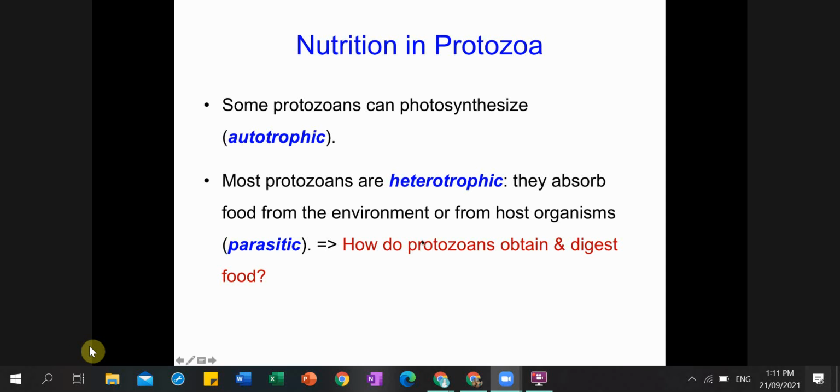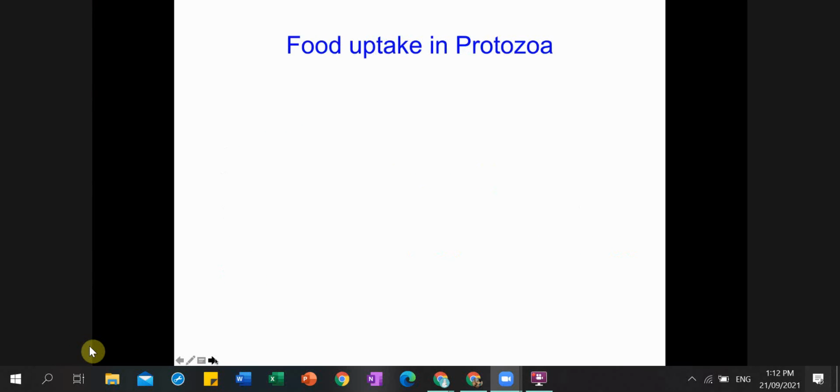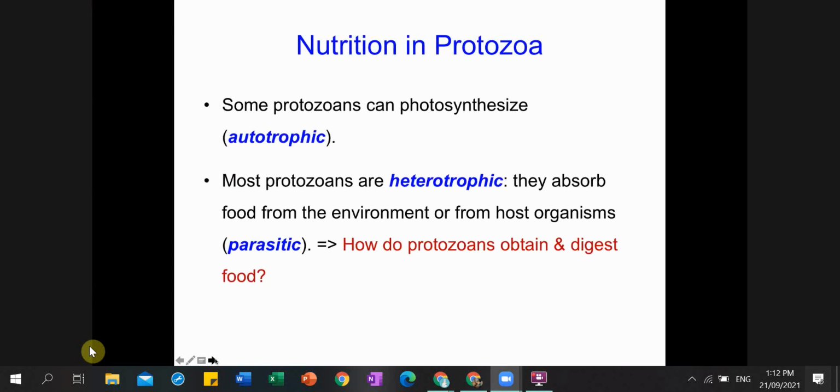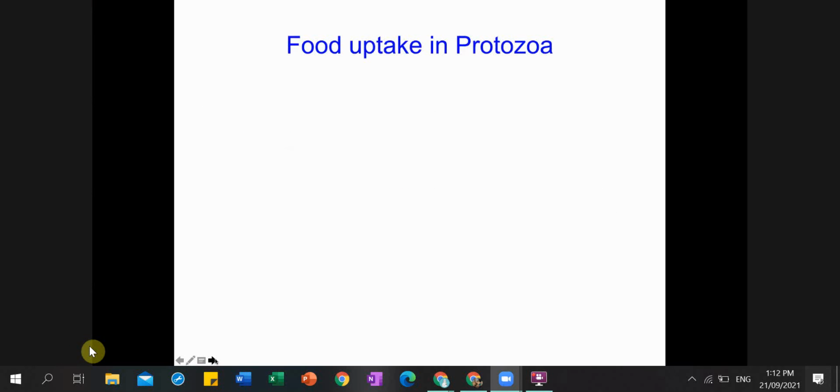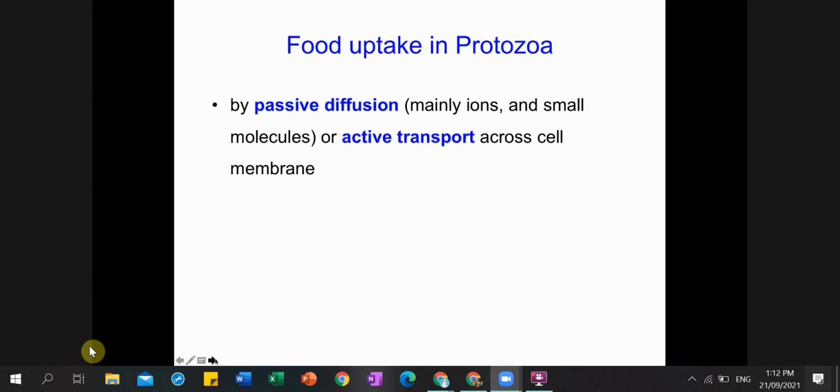So the question is, how do they get food into the cell? Because you see the cell is bounded by a membrane, right? So how do they take food in? Do they have arms? Do they have a mouth to feed? Okay, so apart from those protozoans that can photosynthesize, the heterotrophic ones can take the nutrient from the environment in different ways.